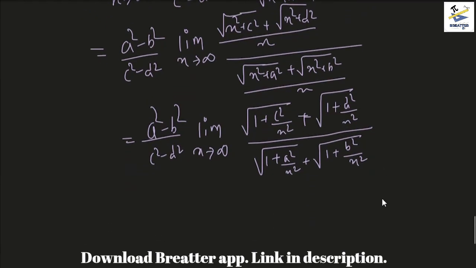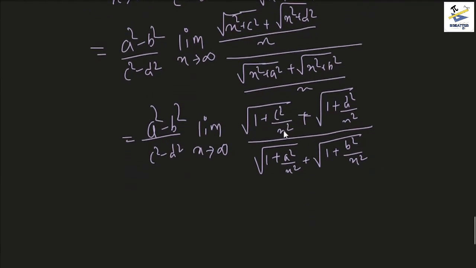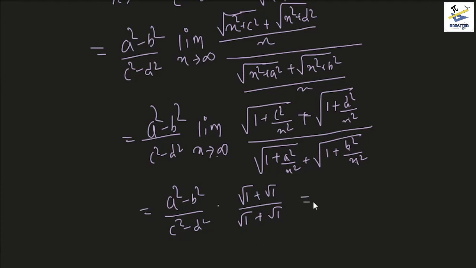Now since we know that these individual terms, c square by x square, d square by x square, a square by x square and b square by x square, go to 0 as x tends to infinity, the answer simply becomes a square minus b square by c square minus d square, into root 1 plus root 1 by root 1 plus root 1. This is essentially 1, so the answer is a square minus b square by c square minus d square. So this becomes the answer.